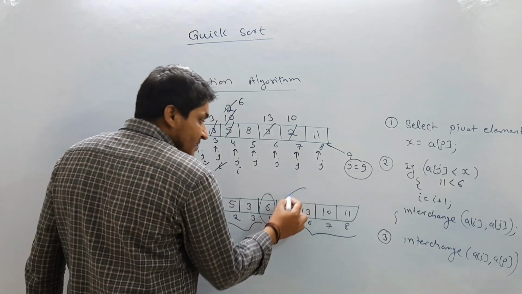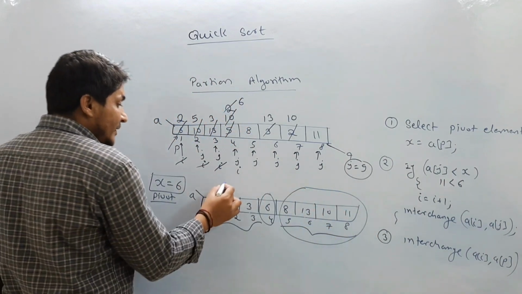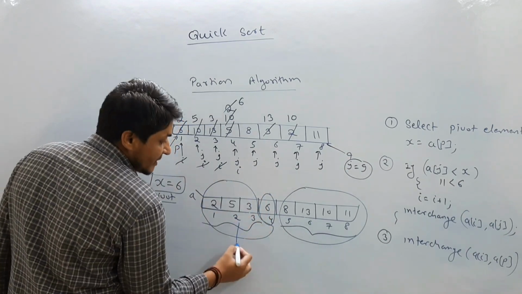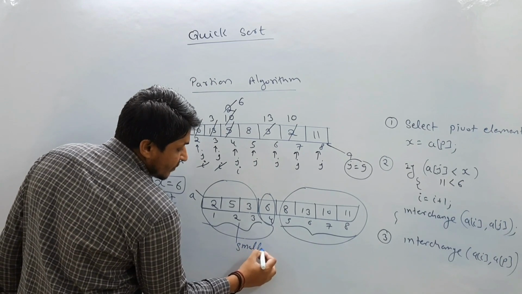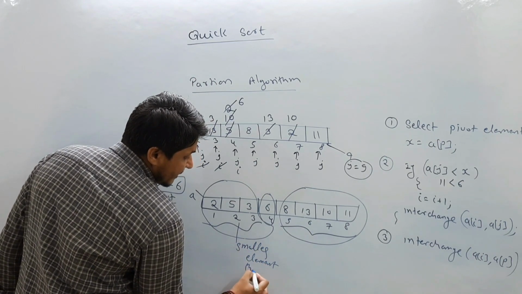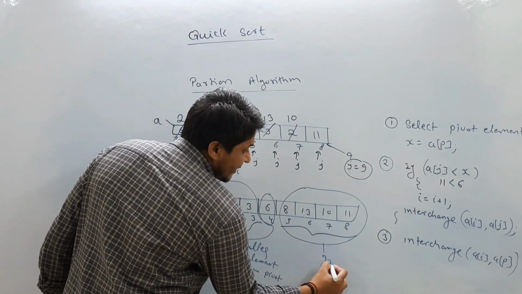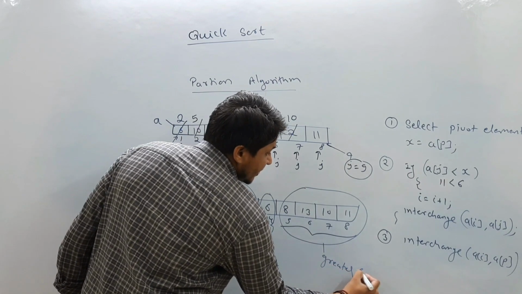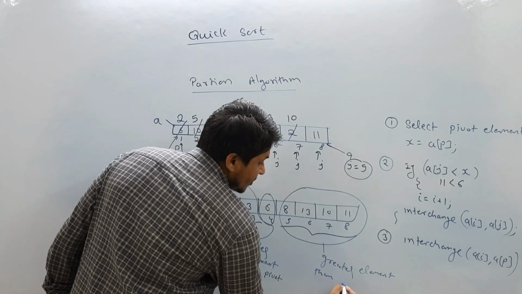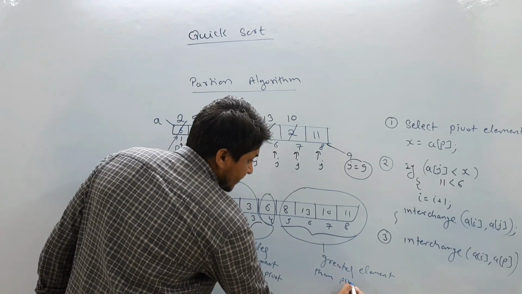So these are the smaller elements, then the pivot element, and these are the greater elements.